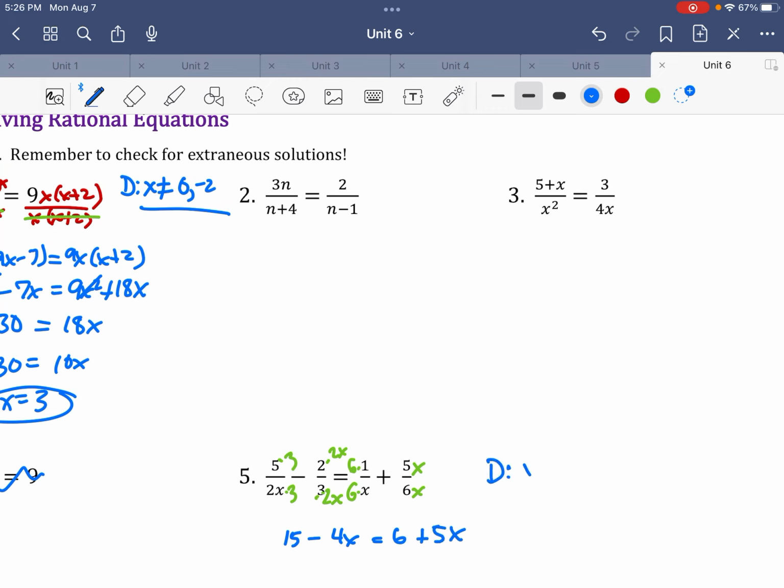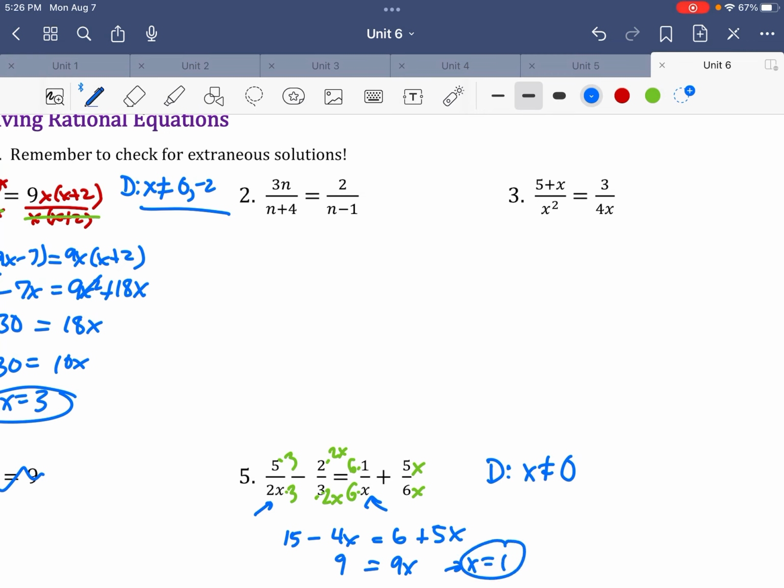One thing to note, x can never be 0, because I can't have the denominator be 0. So I take away 6 from both sides and get 9, add 4x to the right and get 9x. So I end up getting x equals 1, which is not 0.